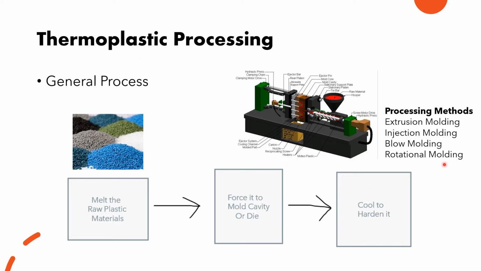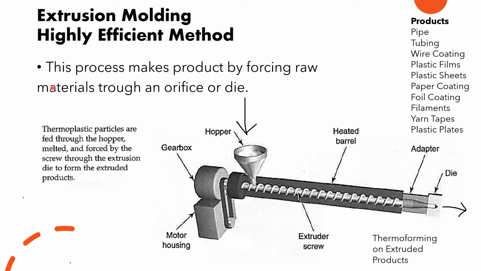So here are different molding methods that we use, or processing methods, in other words. Commonly, they are molding types of methods. Extrusion, we have injection, blow and rotation for thermoplastic, okay? When you take a look at the extrusion molding, this is a highly efficient method.